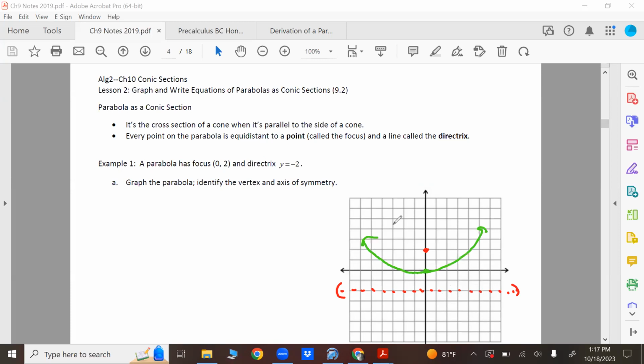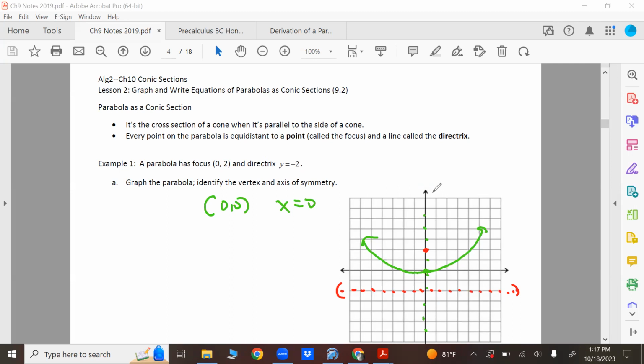You're asked to graph it and identify the vertex and axis of symmetry. The vertex is at (0, 0). The axis of symmetry is x equals 0, because it goes right through the middle. The graph I already took care of. That's easy.